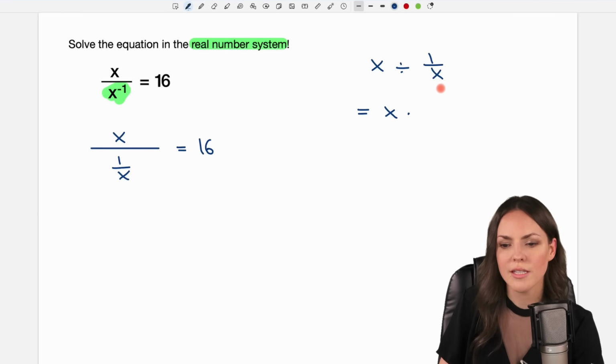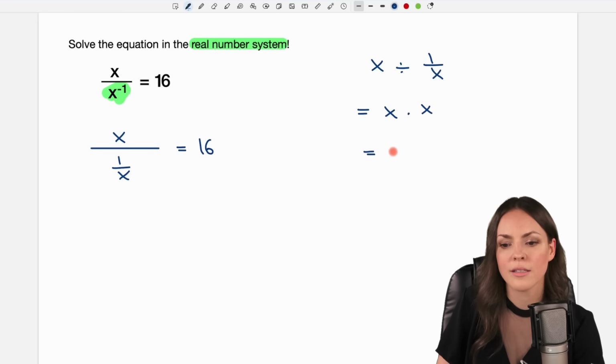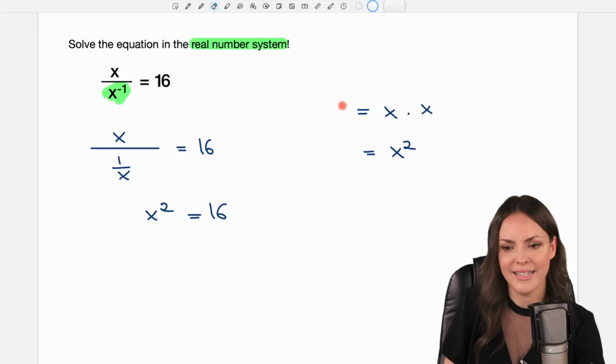So we have x over 1, we don't have to write the over 1, so this is just x. So here we have x times x, which equals x squared. So the left side can be simplified to x squared, and we have x squared equals 16.